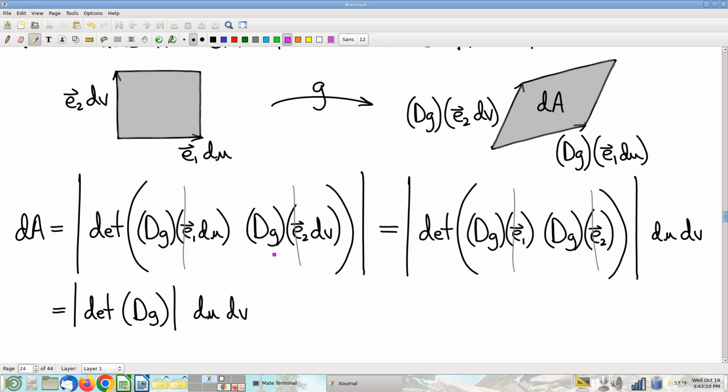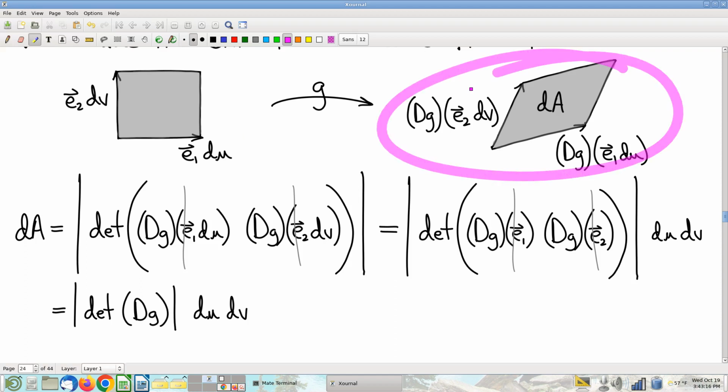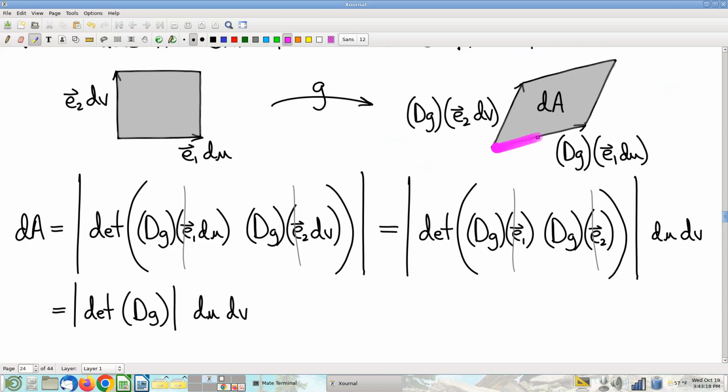So, you're going to take a 3-dimensional one of these, and it's going to have a 3-dimensional equivalent of these, which is still going to be determined by its edges. It's just that there's going to be a third edge, making it 3-dimensional. Those are still the derivative matrix applied to these edges. It's still going to be a determinant. It's a 3x3 determinant. Everything falls through in very analogous ways.